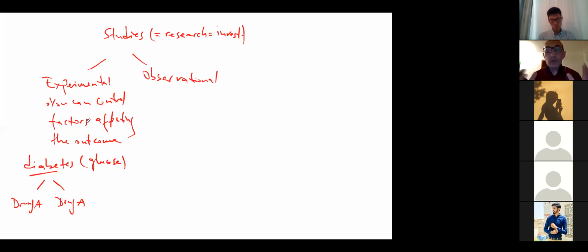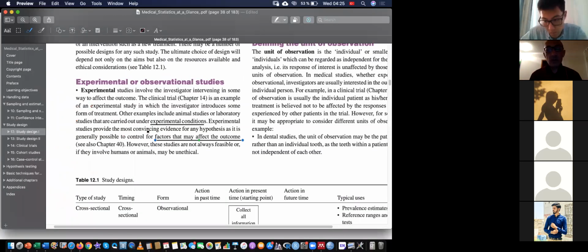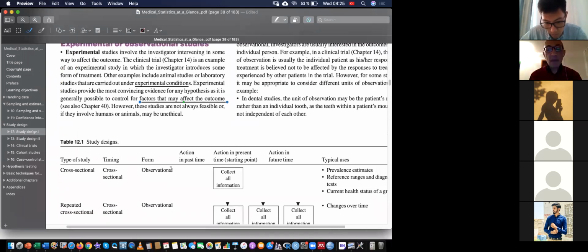You can control everything. But if you do an observational study in a population, you cannot control the people, what they eat, in which conditions they live, whether they exercise or not. That's pretty much different. So an important part in experimental study, an advantage, you should know the advantages and disadvantages.